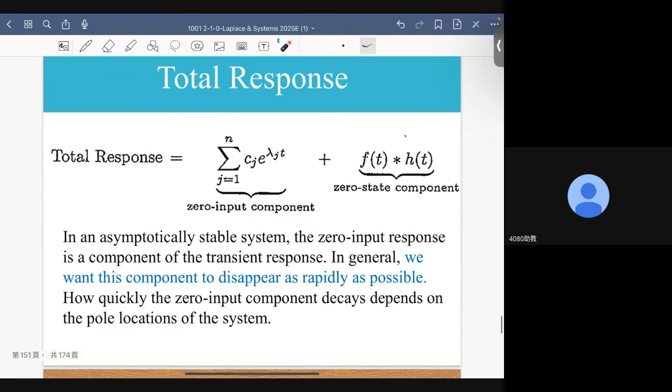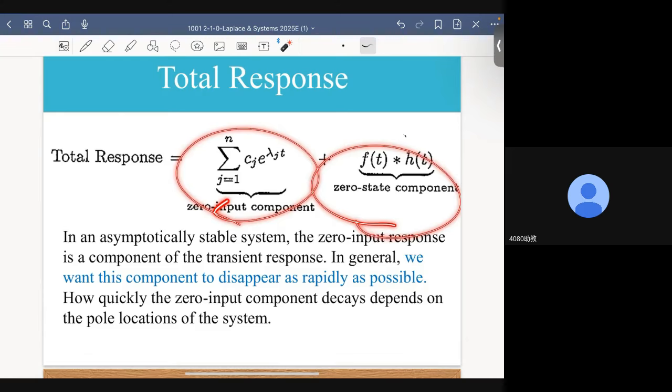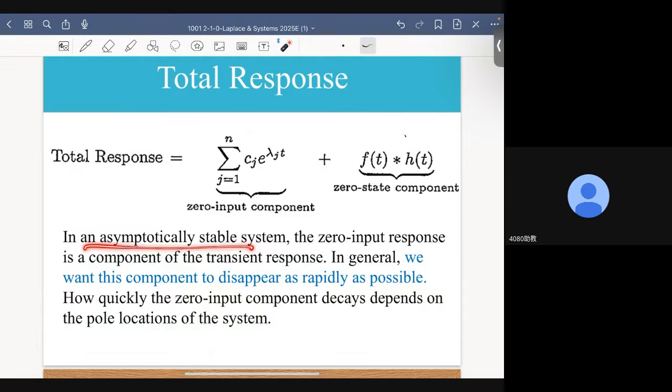Now remember that the total response actually consists of these two parts. Let's assume the system is asymptotically stable. We will talk about asymptotic stability in a few minutes, but let's just assume you know that the system is asymptotically stable.